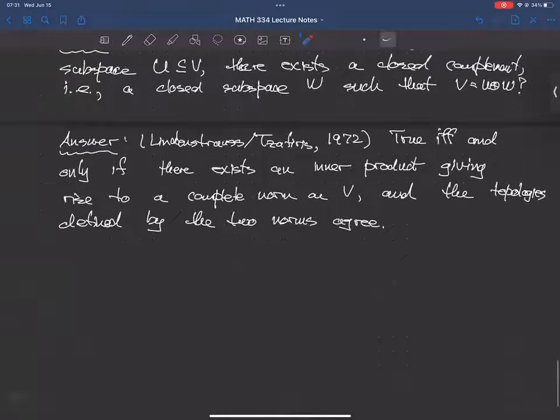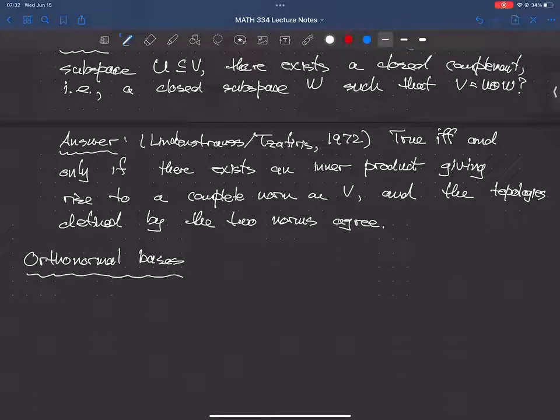All right. Good. All right, so let's talk about a very special but important feature of inner product spaces in the class of Banach spaces. Okay, so let's talk about orthonormal bases.